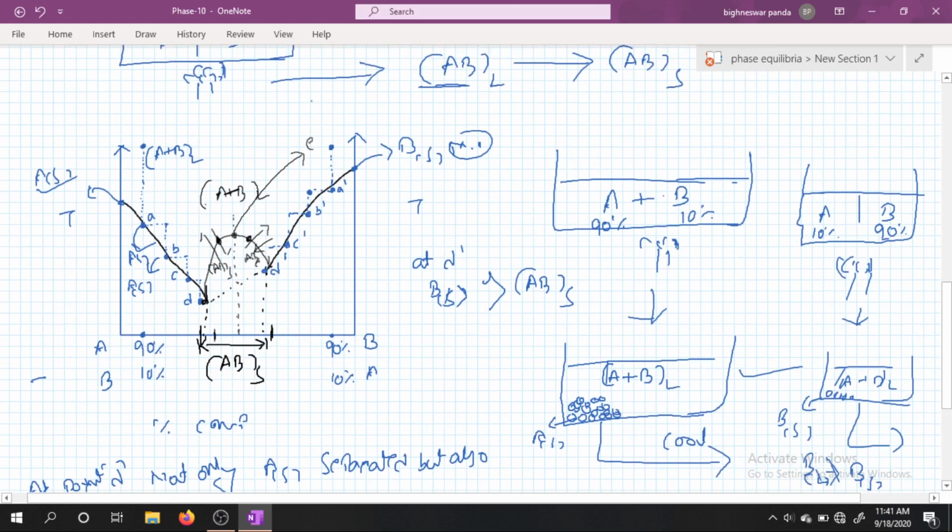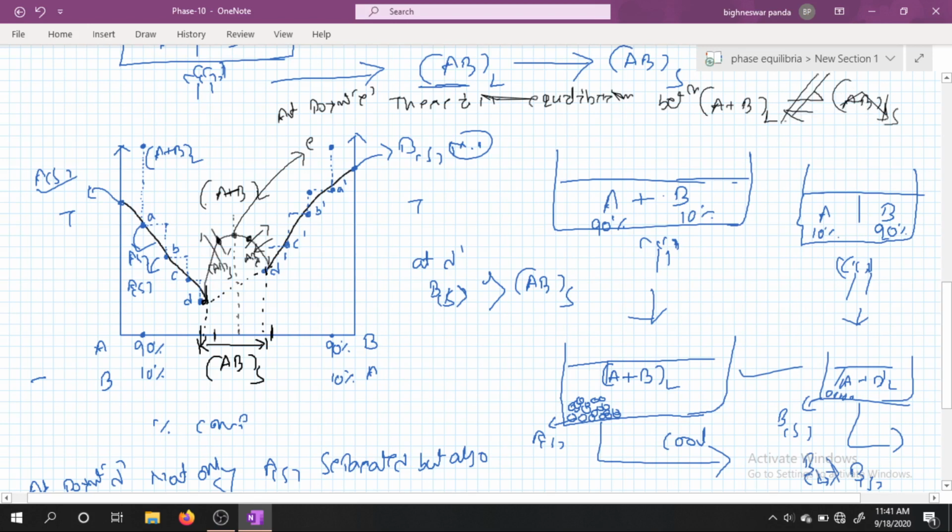So at point E, there is no equilibrium between A plus B liquid and AB solid. So this point is called our congruent melting point.